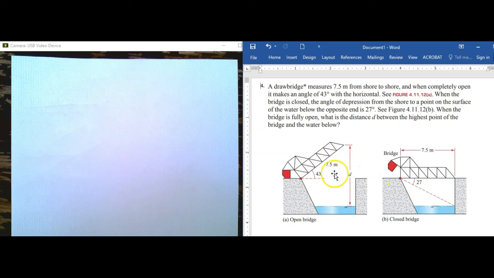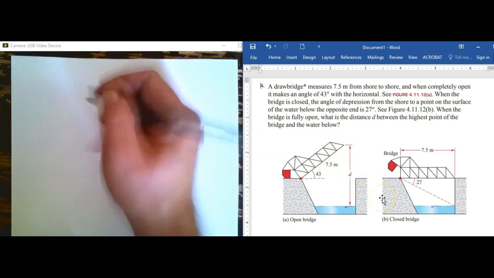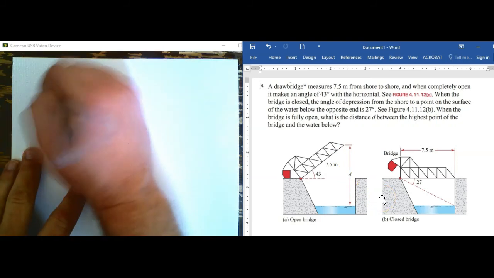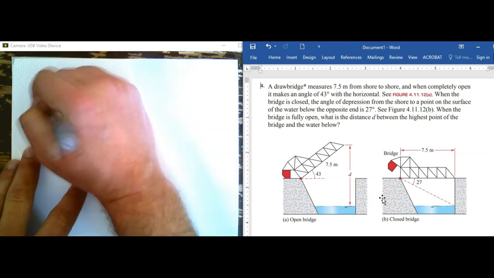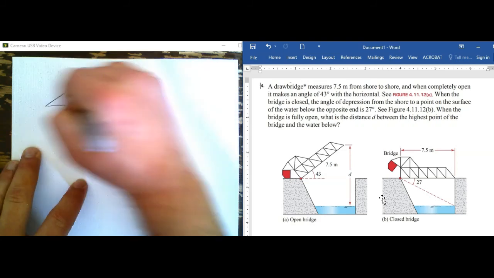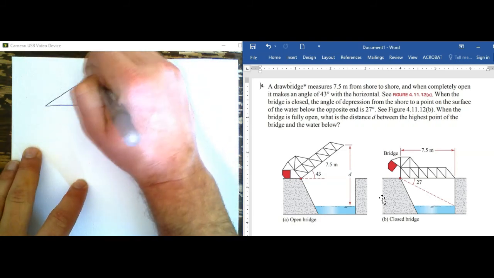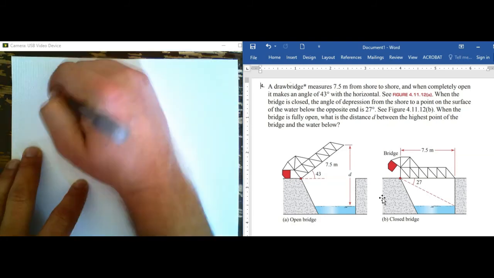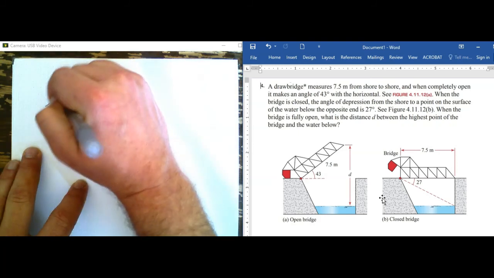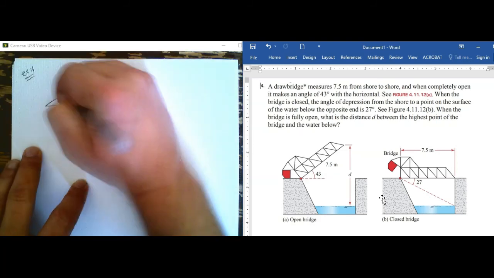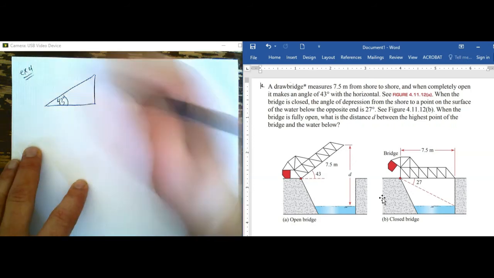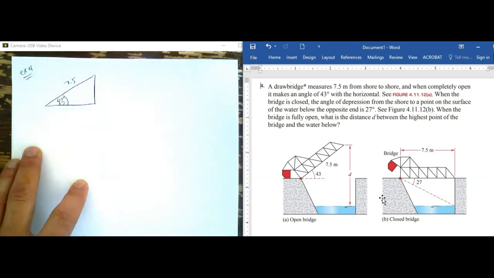And we have two triangles going on here. So let's think about what's going on. If we draw this, when the bridge is open, we have this right triangle here. So we know that this is 43 degrees and 7.5 meters.